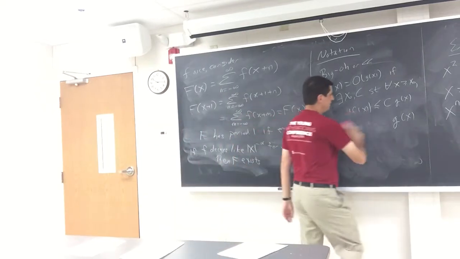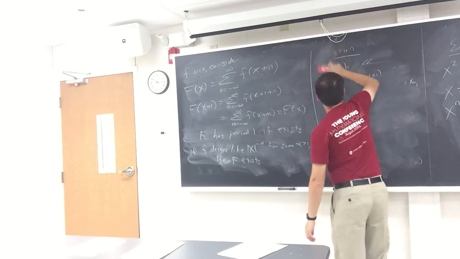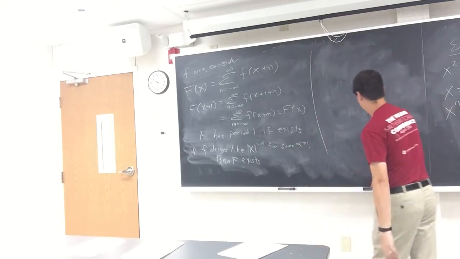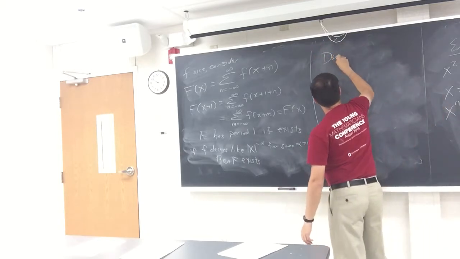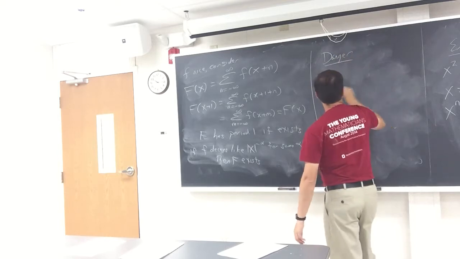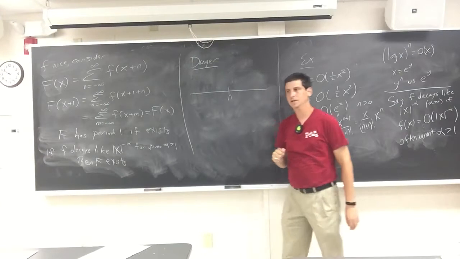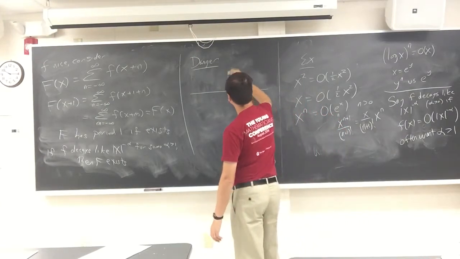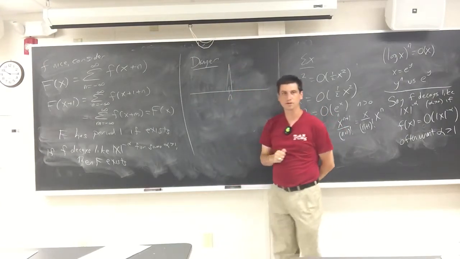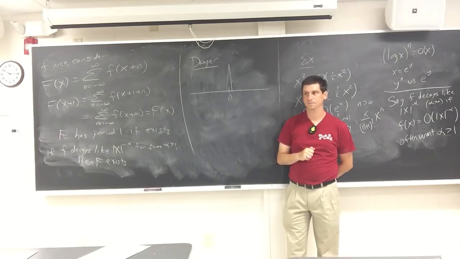So, as an example of a dangerous function, let's take, here's n, and what we can do is we can choose our function to spike up at n over a smaller and smaller window.